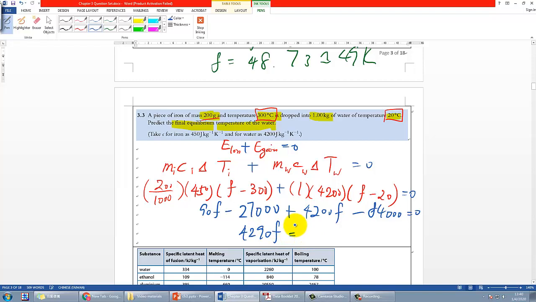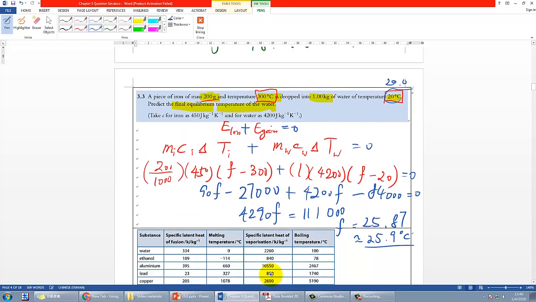Equals 111,000. So the final temperature would be 25.87, so round up to about 25.9. I assume this is 3 SF, also this is 20.0, so 25.9 degrees Celsius.